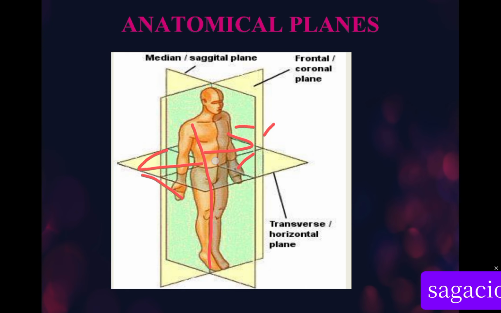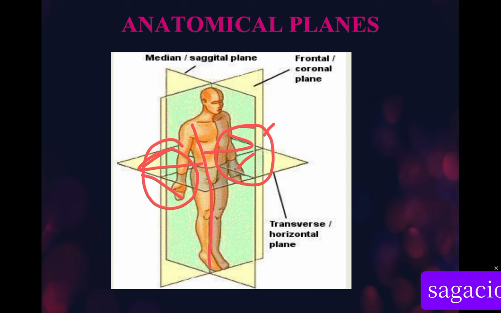This region is bigger, while this region is shorter and smaller. So the sagittal plane is parallel to the median plane, but they do not divide the body into equal left and right parts. They only divide the body into left and right, but they are not equal. But in the median sagittal plane, they are half, they are equal, and they divide the body into left and right parts.